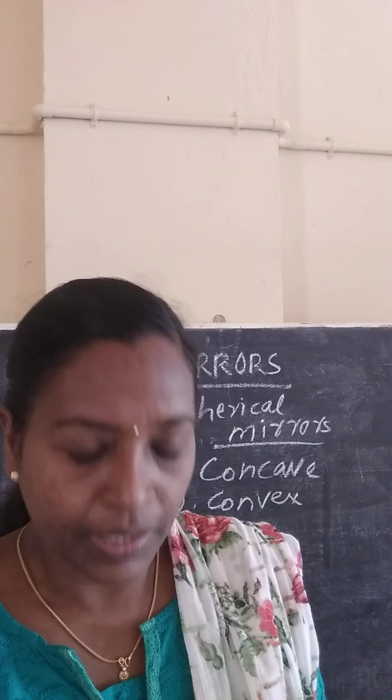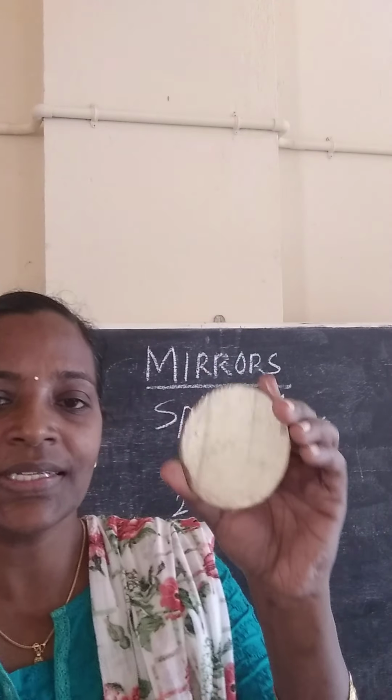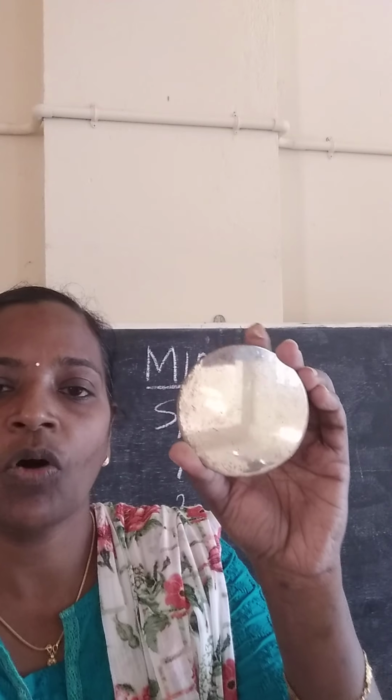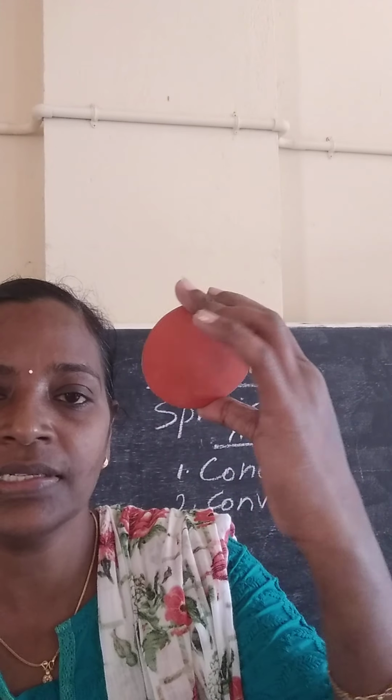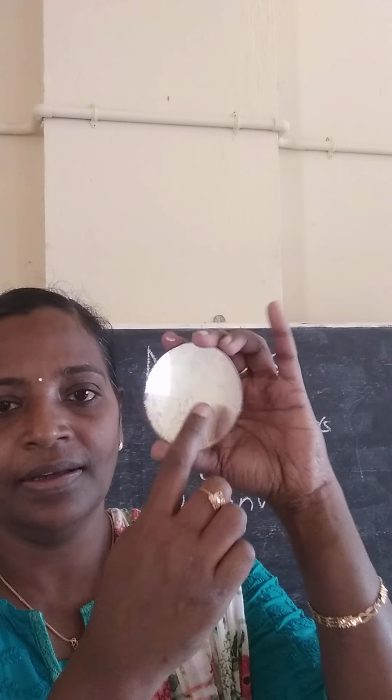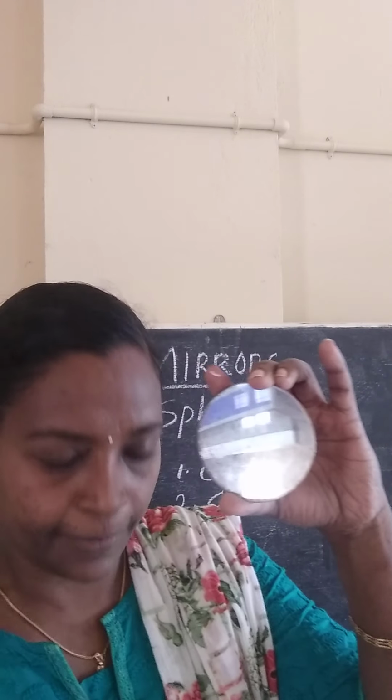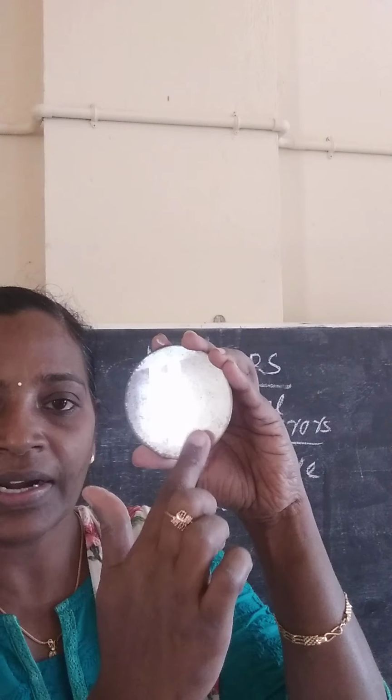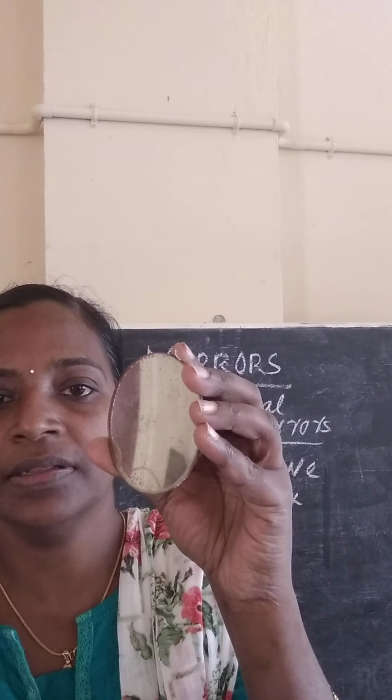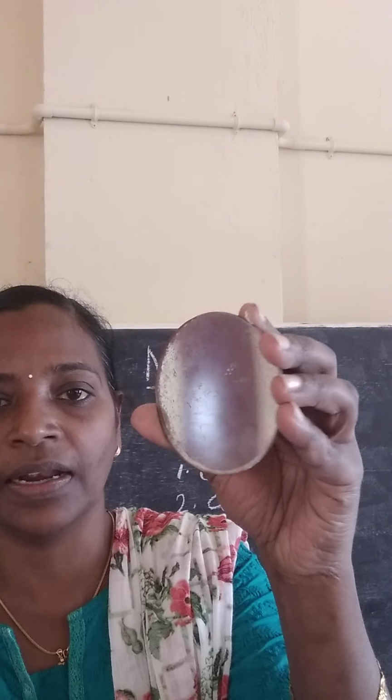The first type is the concave mirror. A concave mirror has two sides. This is the non-reflecting side, and this is the reflecting side. You can see the reflection here.